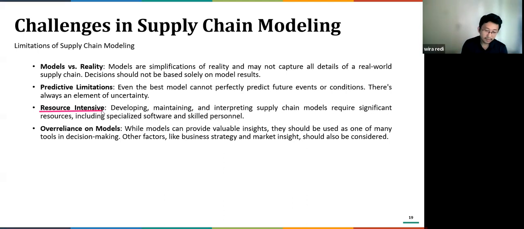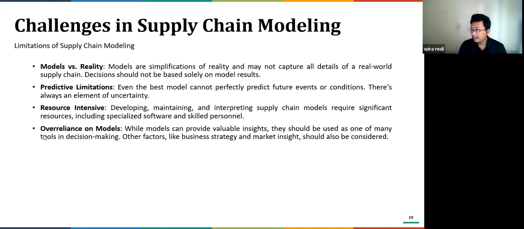Another thing is that I often found, when I discuss applying supply chain analytics with a company, that they don't have enough resources that understand these topics. So sometimes, for example, they want to use a mathematical modeling approach, but they don't really have those resources in their company. So it's difficult to apply in practice for this particular case.